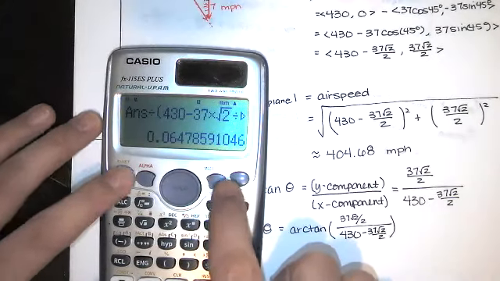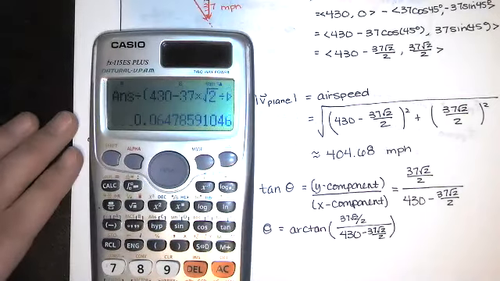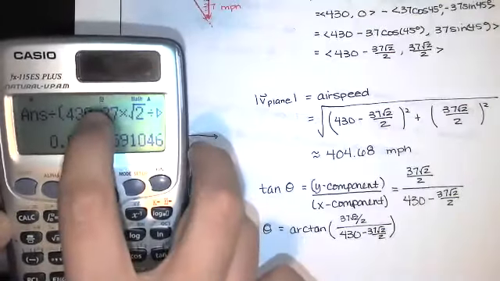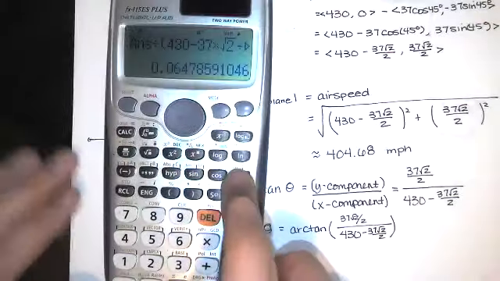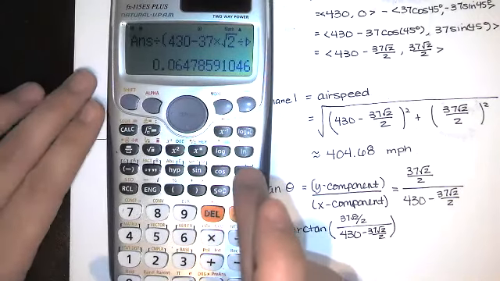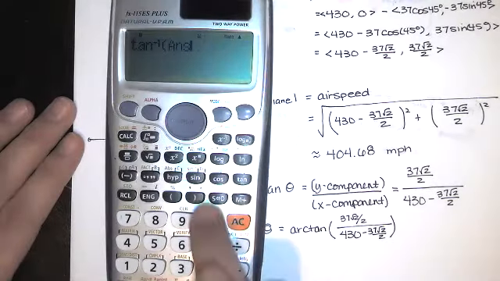So I'll go to Shift, Setup, and I'll switch to degrees. And it's a little bit hard to see, but that's a highlighted D now. I want to find the inverse tangent of this answer, so I'll say Shift, hit the tangent button, that gives me my inverse tangent of the answer.